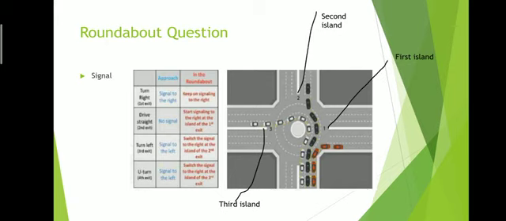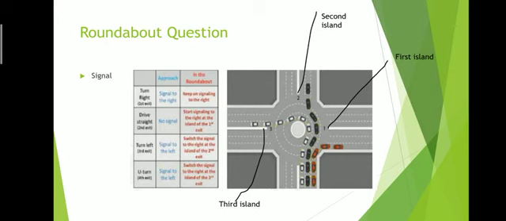Now you can see this white car, while going inside the roundabout, it is giving a left indicator, but at the second island it will give a right indicator. Okay, and then it will go. Similarly, if he wants to take the fourth exit, he will give a right indicator at the third island.